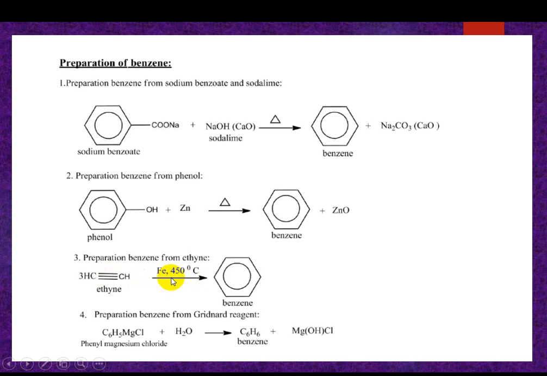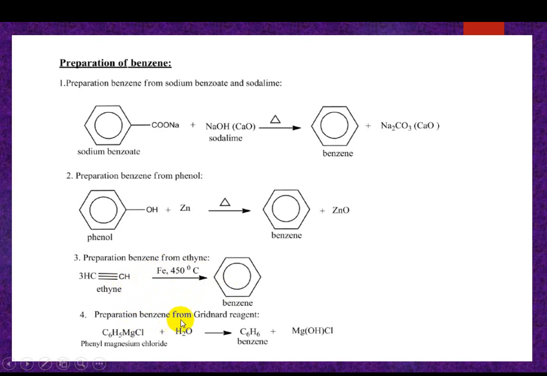If we use a nickel catalyst, we can form benzene from ethyne at 70 degrees Celsius.